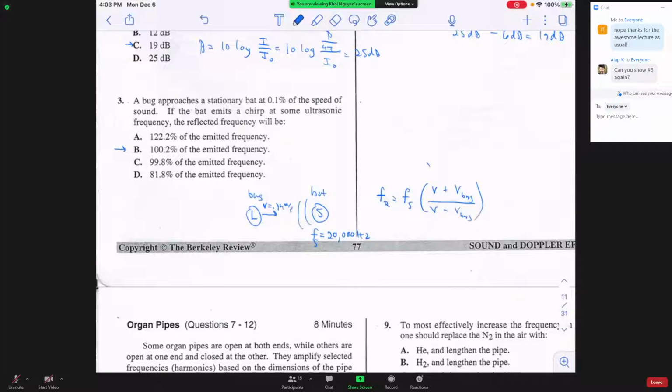So 340 plus 0.34 over 340 minus 0.34, that ratio is going to be really close to 1. It's hardly a change. Then you're multiplying it by the same frequency, so it's roughly going to be a little bit more than 100%. Does that answer your question, Neela?